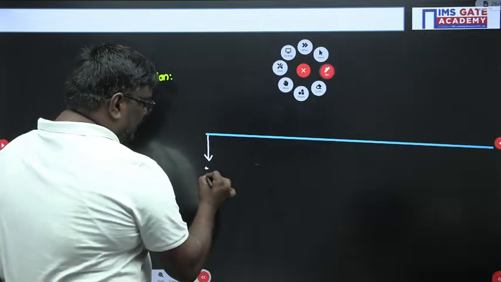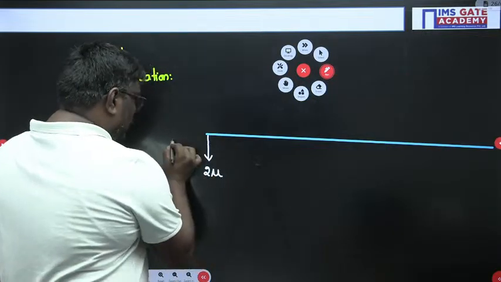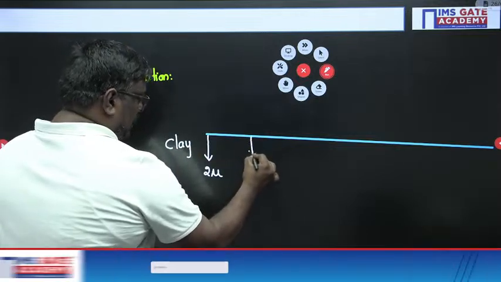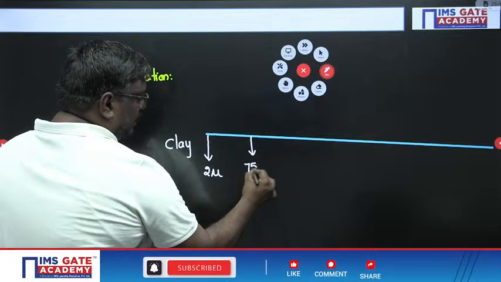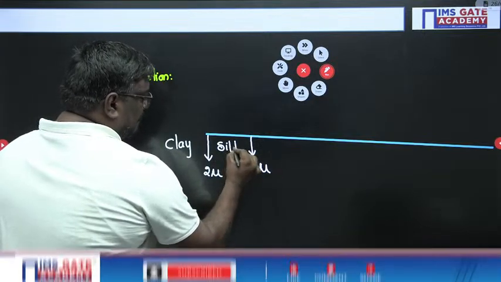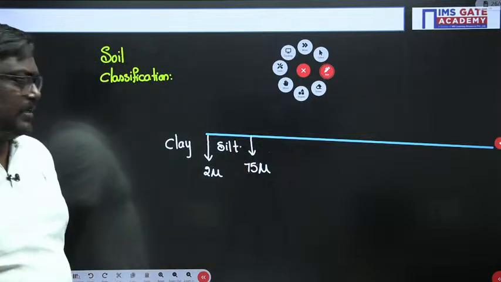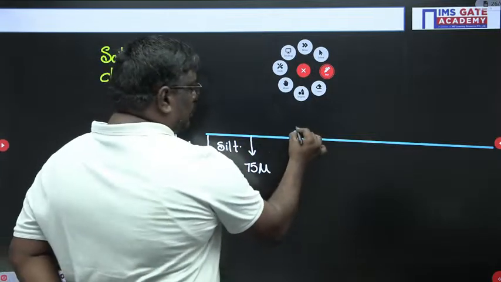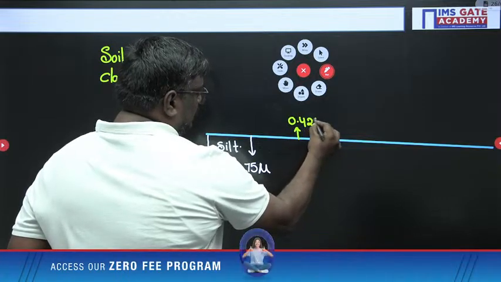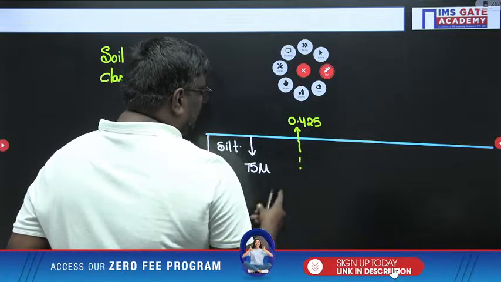Suppose I take 2 micron, then below 2 micron we call it clay. And 2 micron to 75 micron, we call this silt. Now, similarly, my dear students, if it is up to 0.425 mm, then we consider this as fine sand.